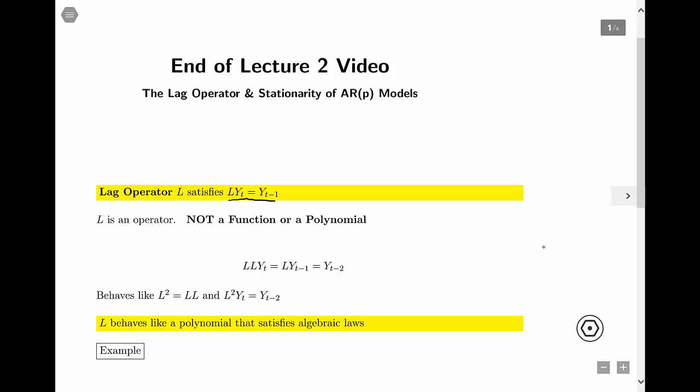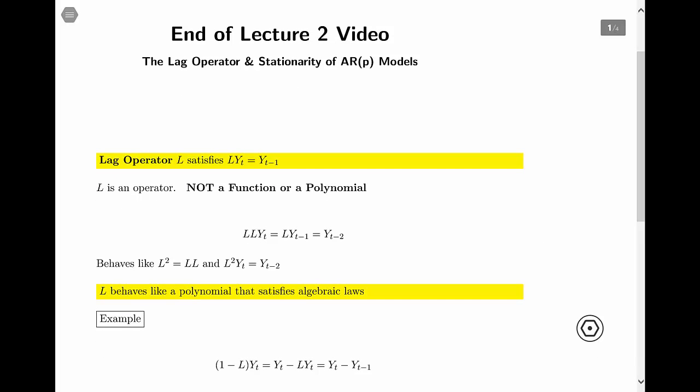Again, L here isn't a function, it's not a polynomial, it's not L times yt. It just says L performs the operation on yt, and it gives us back yt minus 1. And just to be clear, L is an operator, which is a different mathematical object to a function or a polynomial.